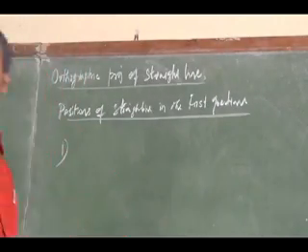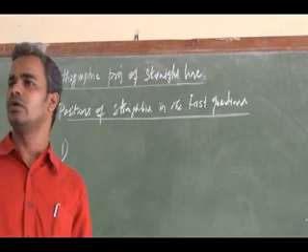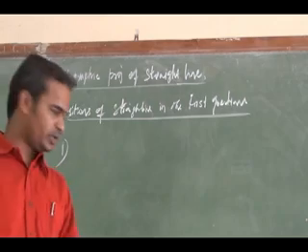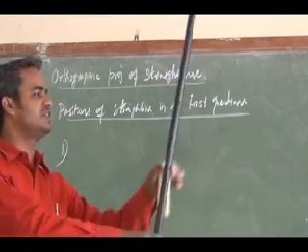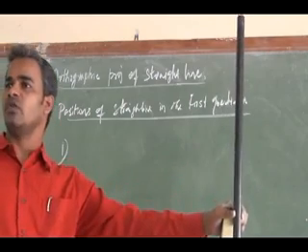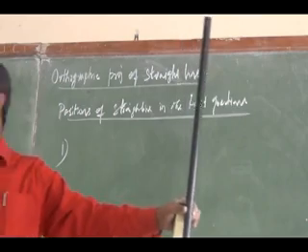So this wall, vertical wall, it is a vertical plane. The floor is a horizontal plane. So you tell me the position of this with respect to vertical plane and with respect to horizontal plane?